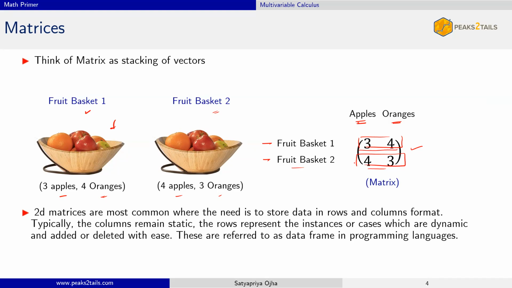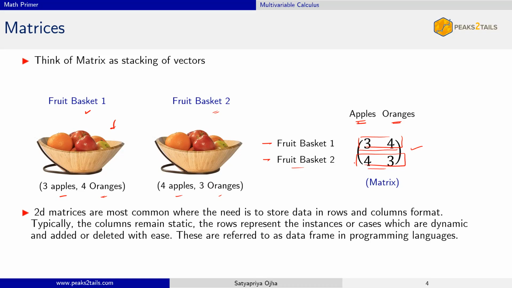In a typical data frame or database, the columns do not change often. If you want to change a column, that requires a lot of coordination with different teams. I'm telling from a practical perspective. If you want to update a column or add a column or delete, pretty much never delete a column, then it has to go through multiple rounds of discussion with different teams, the impact analysis, then production and all these things. But rows get added left, right, and center.